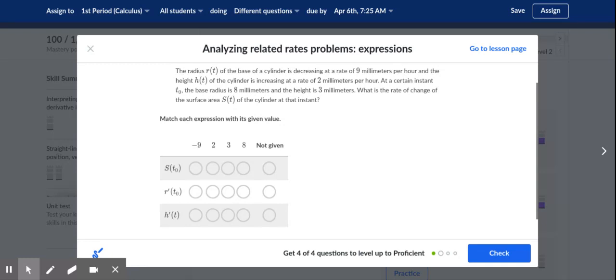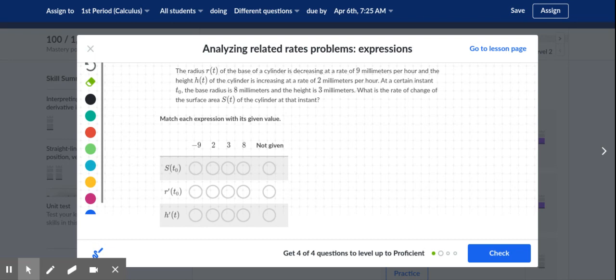So they're talking to me about the rate of change of the surface area. Okay. So I know that 9 is a negative because it's decreasing. It's 9 millimeters per hour. And that was in relation to the radius.